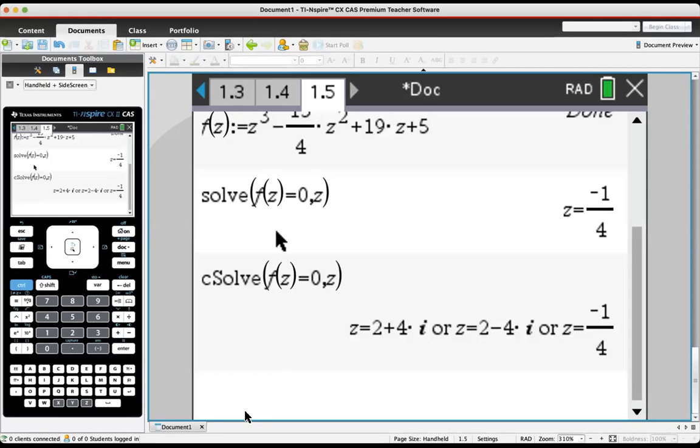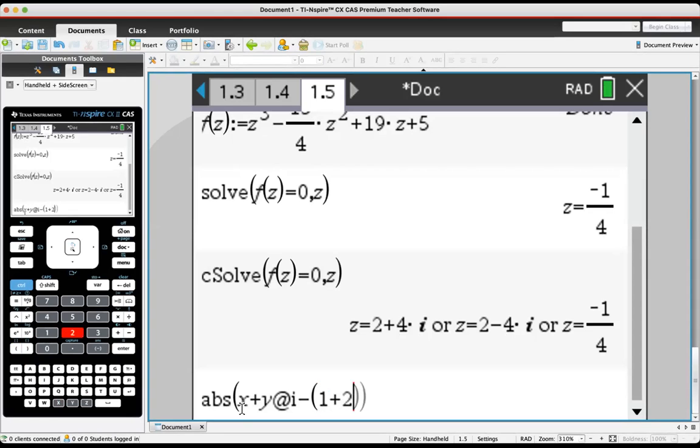Let's have a look. So let's do absolute value of x plus yi minus (1 plus 2i) equals another absolute value of x plus yi subtracting (-2 plus i).